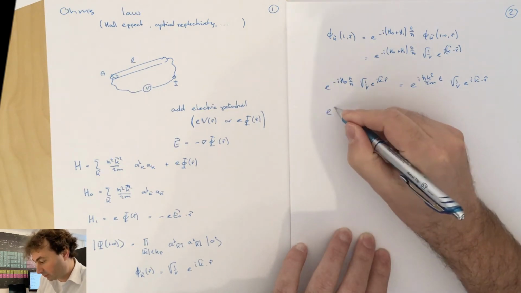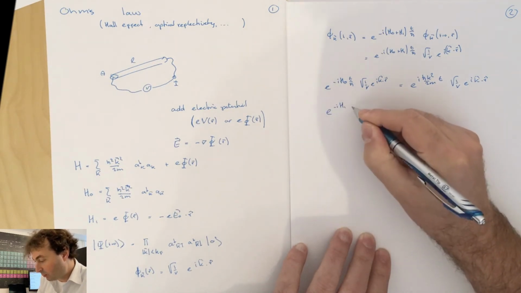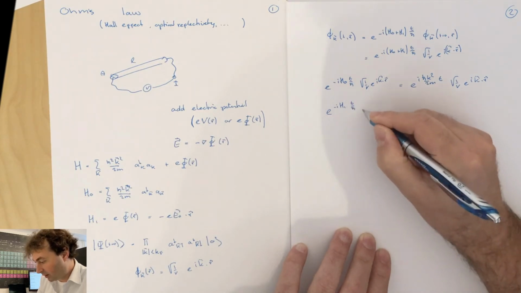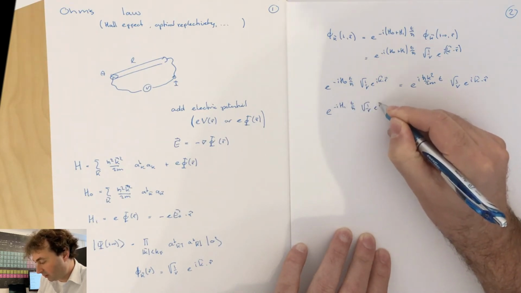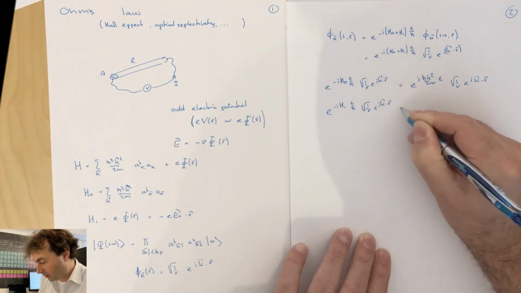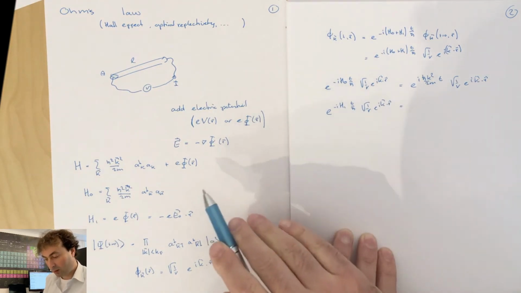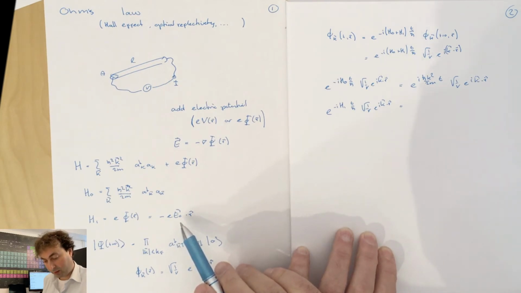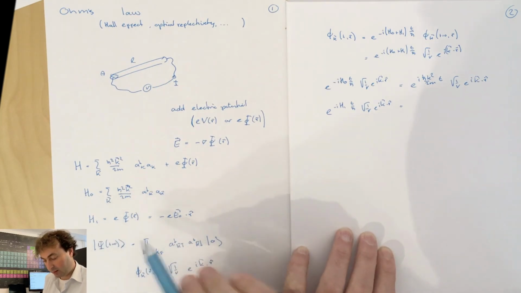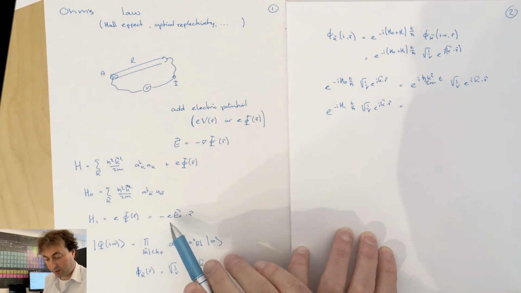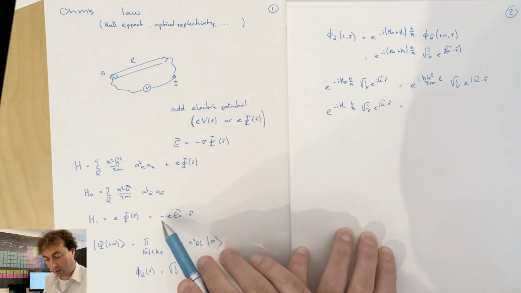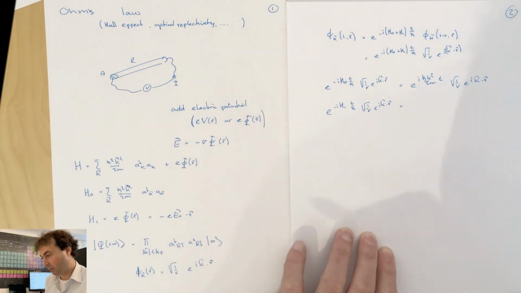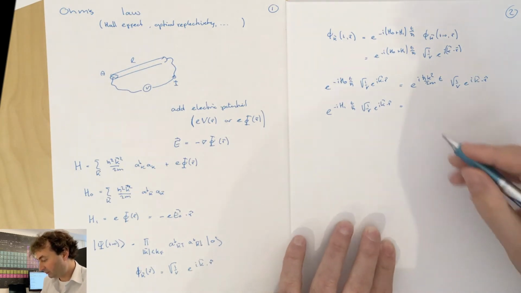Now if we do the time evolution with H1, e to the minus i H1 t over h bar acting on square root of 1 over V, e to the i k dot r, then we have to look at the Hamiltonian, and we get an additional factor e to the i e E0 t over h bar.